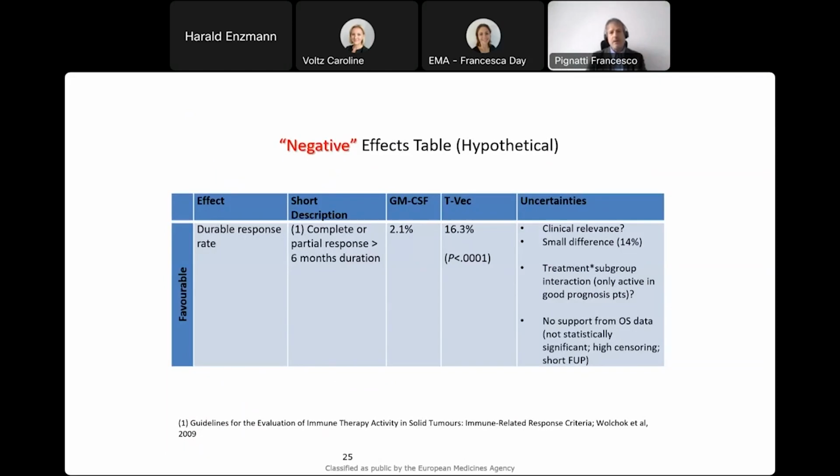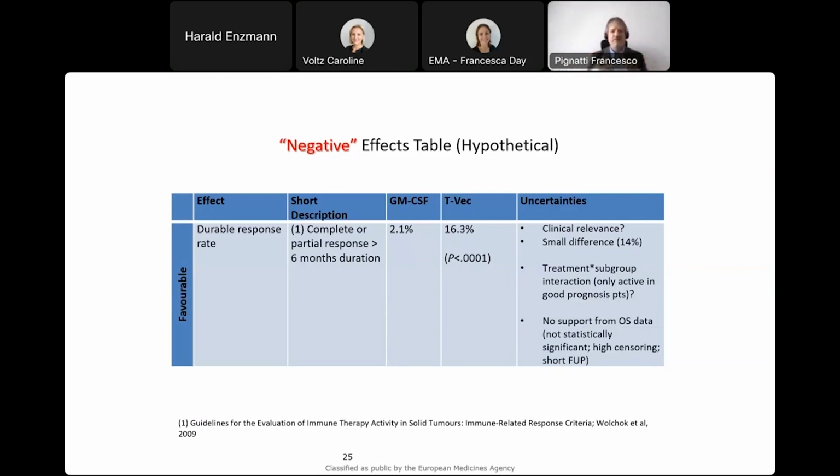And then if one was to try to convey uncertainty and problems with efficacy, one could use this example, in which one would mention just the primary endpoint, durable response rate, just the effects, some estimate of the variability, and then a long catalog of uncertainties that, well, response rate, we are not really sure whether it means anything.